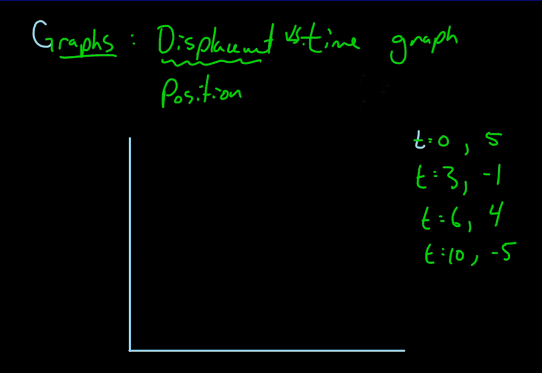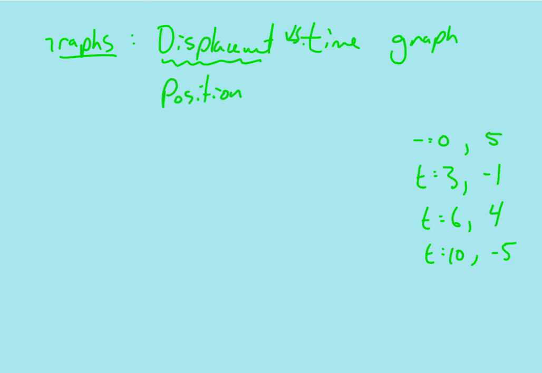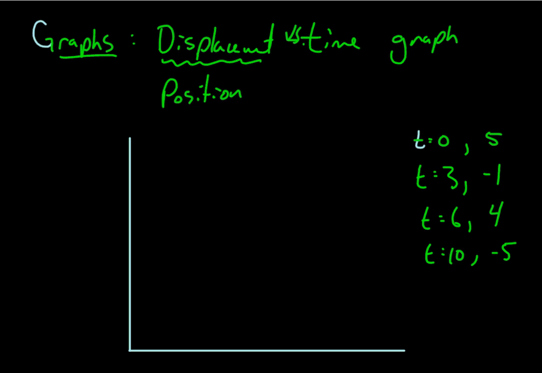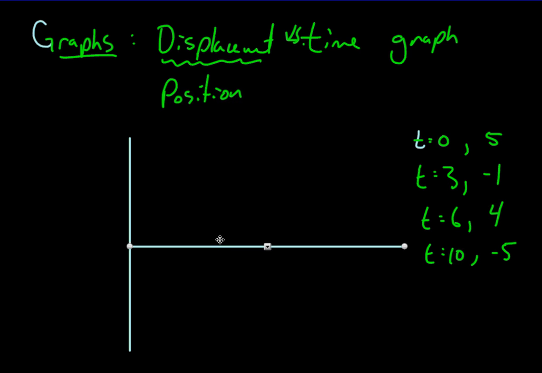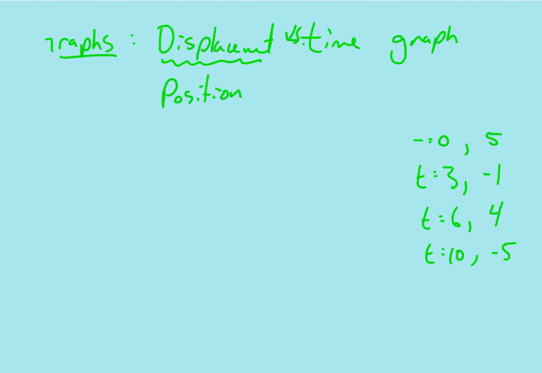All right, so the first thing we have to do with the graph is make the graph have the numbers that we want. It looks like the highest value that we have in the positive is 5. And we have some negative here. This makes it a little bit tougher. You have to actually have a graph that looks like this because it needs to extend into the negative values. Okay? So bear with me here while we sort this out.